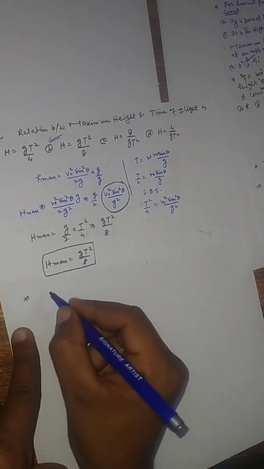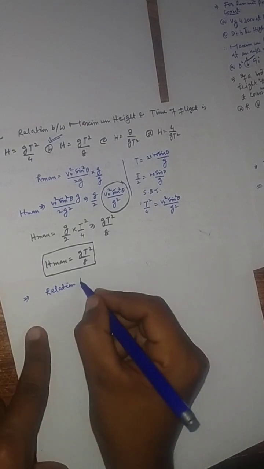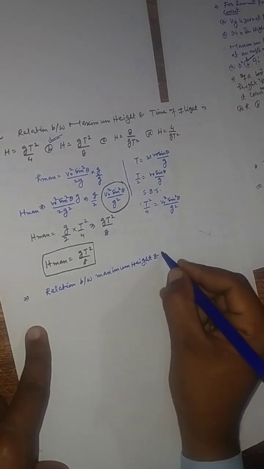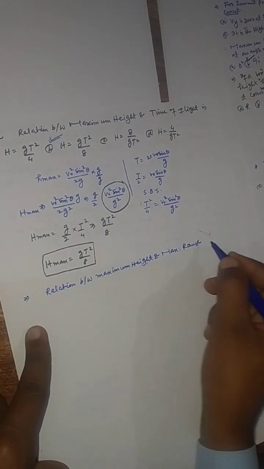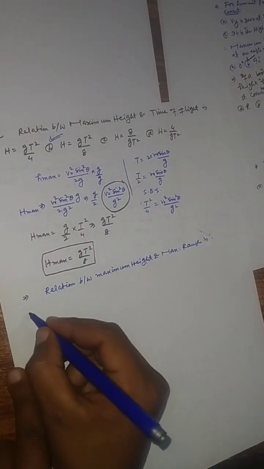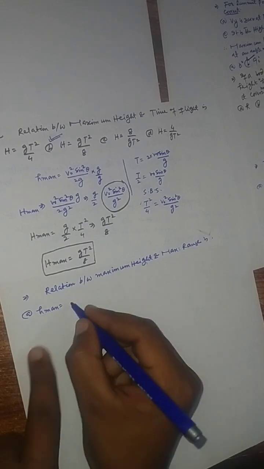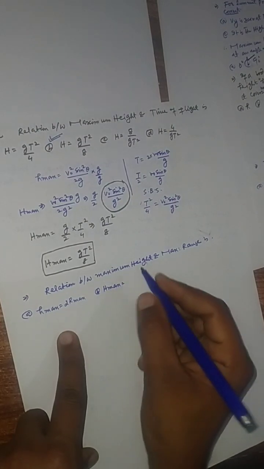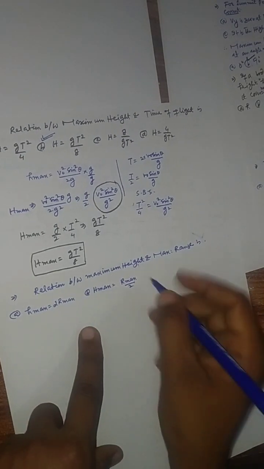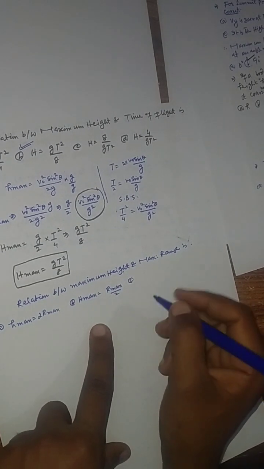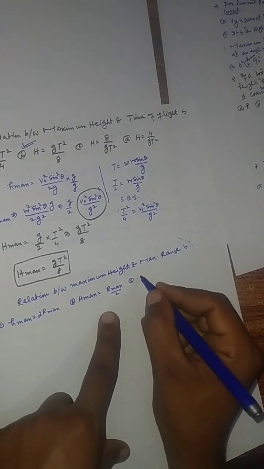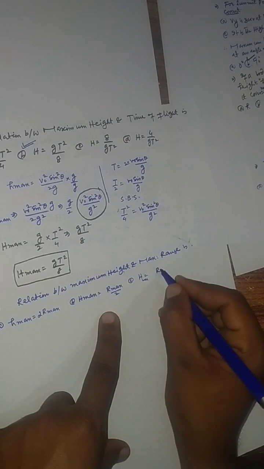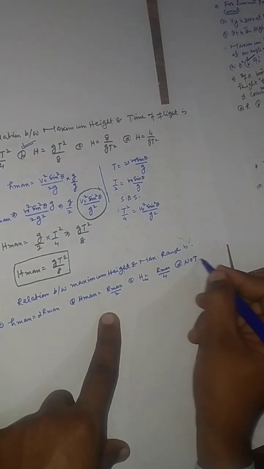The options are: the maximum height equals R maximum, or the maximum height is equal to R maximum over 2, or the maximum height is equal to R maximum by 4, or option D, none of these.